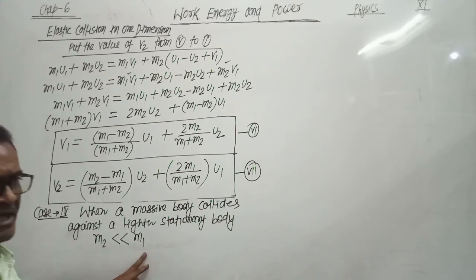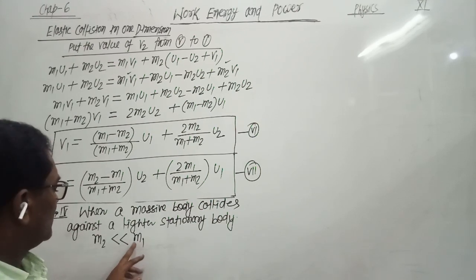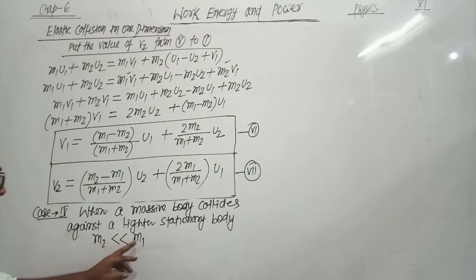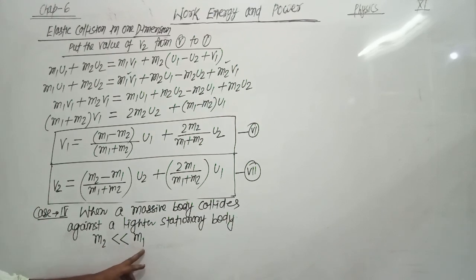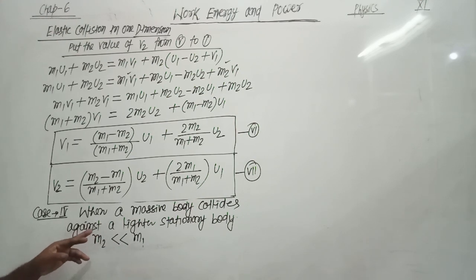M1 means body A. M1 is body A, which is massive, and M2 is much less. And body B is stationary, means U2 equals to 0.